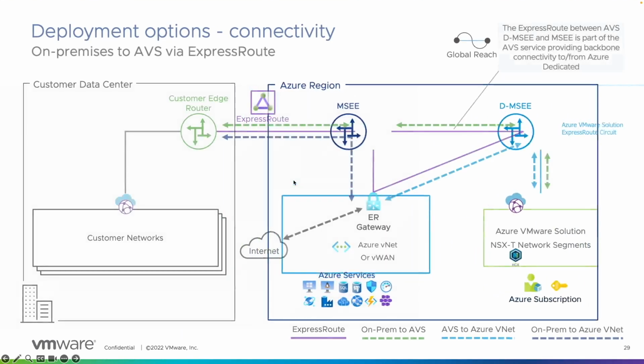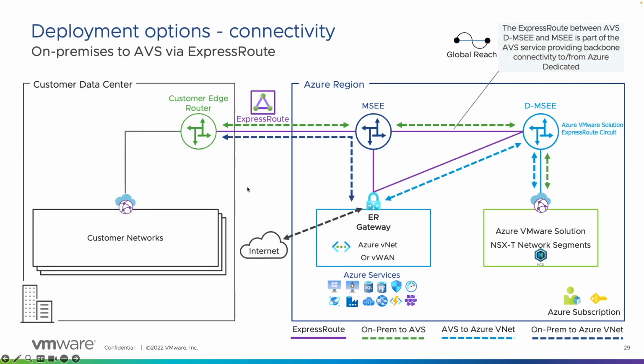So let's start with the most common method of connectivity, which is on-prem to AVS via ExpressRoute using Global Reach. ExpressRoute is the preferred mechanism because it's a direct enterprise connection into Azure, and because of that, it's going to provide the best connectivity. On the slide, you're seeing your data center on the left and some things you potentially already have set up.